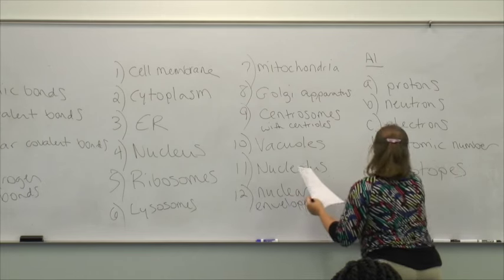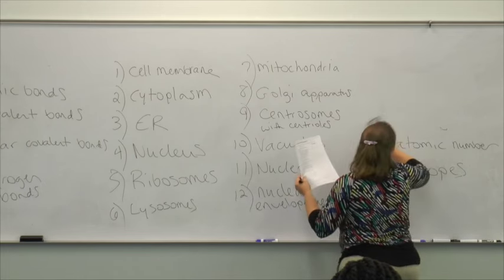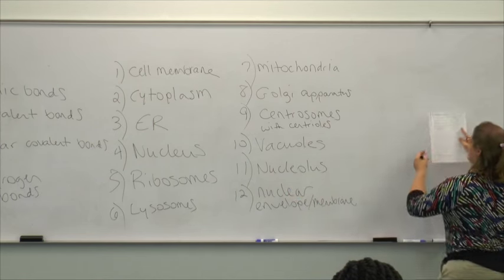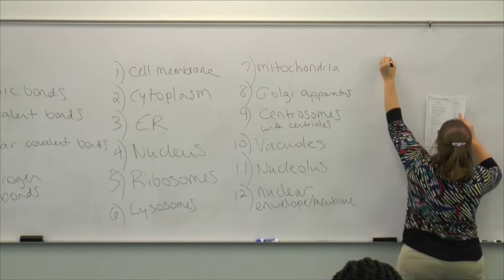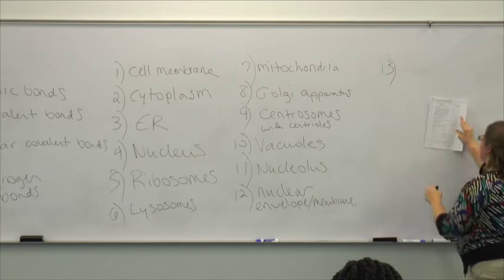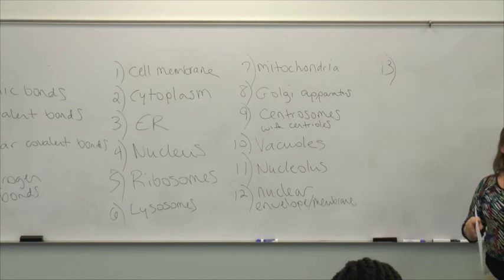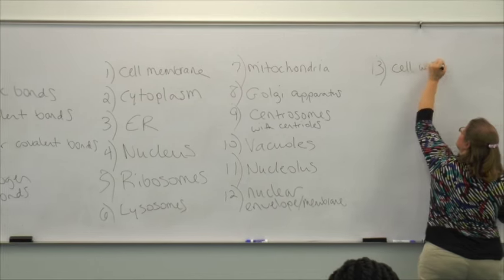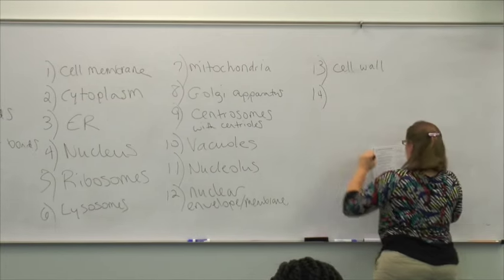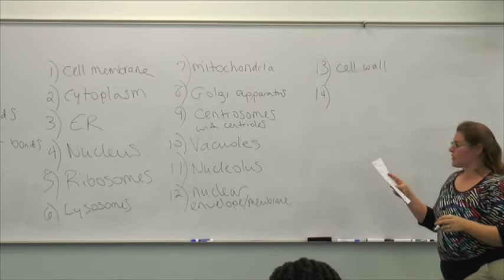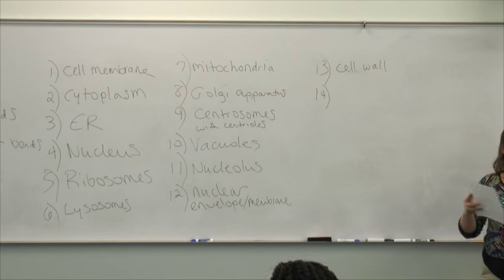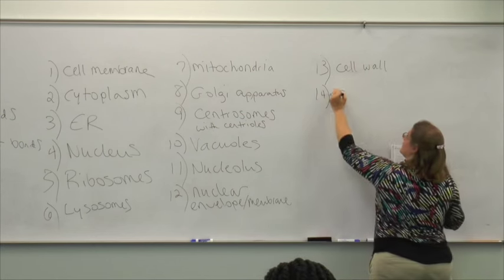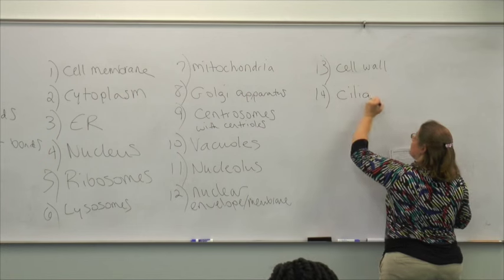Okay, let me get rid of this. Okay, 13. Gives the cell its shape and provides protection not found in animal cells. Cell wall. And number 14, hair-like structures with the capacity for movement. They are short and numerous. Cilia. Is that found in the lungs? Yeah, it's found in many different places.